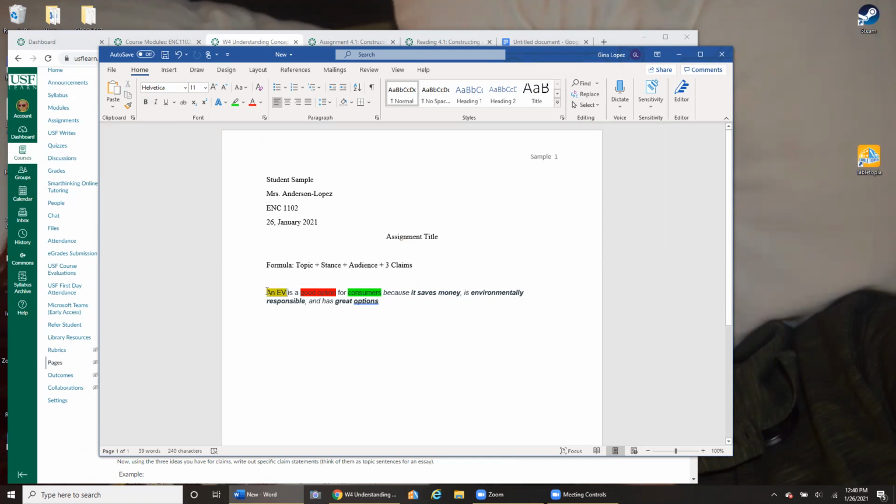Maybe USF, or decreasing USF funding is blah, blah, blah, for whichever audience your group has decided to target because X, Y, and Z. That might be how your statement goes.